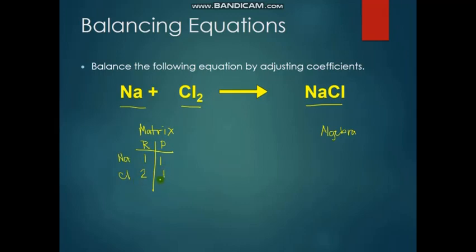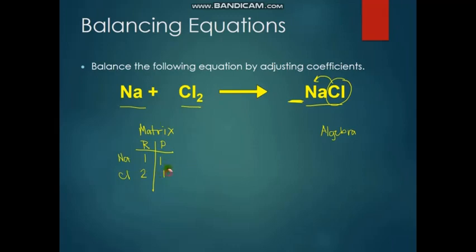So as you can see, this is unbalanced. How are we going to balance this? By changing the coefficient of what? As you can see, chlorine is with sodium, and you can only write the coefficient before the molecule. So it means that the coefficient will be written before sodium chloride. So what are we going to multiply to 1 in order to make it 2?